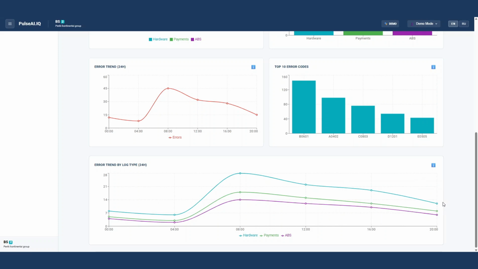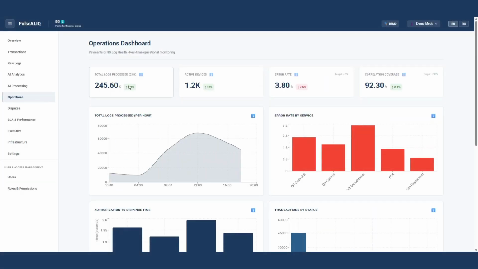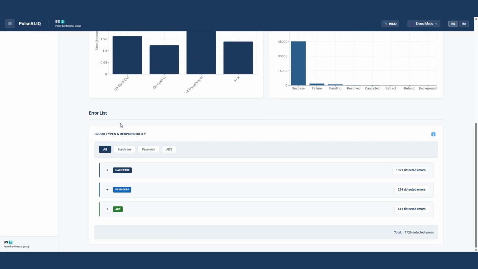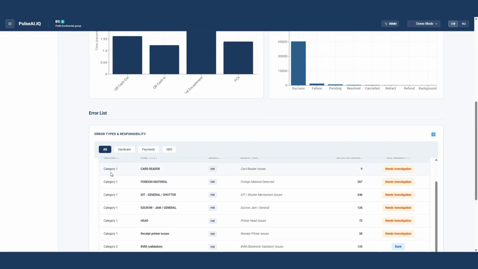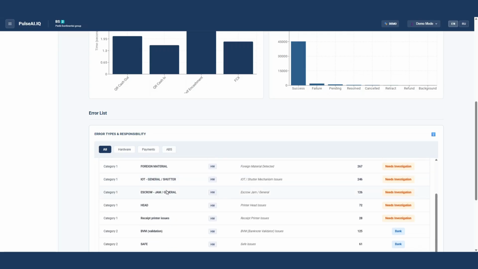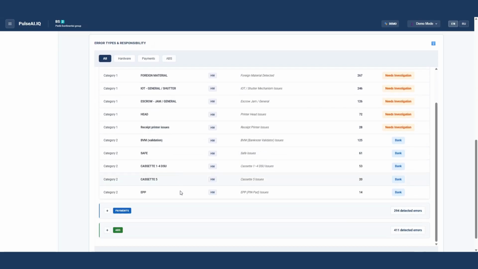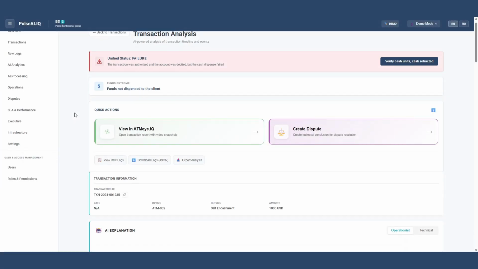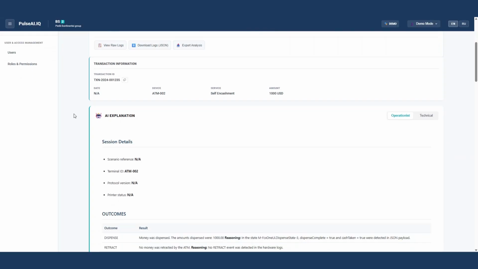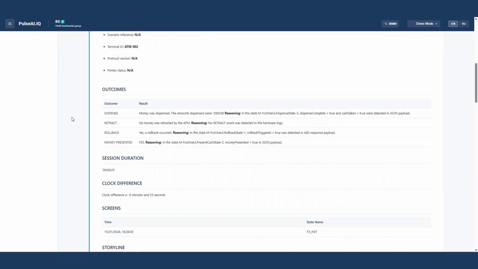The PulseAI.iQ collects data from all sources: ATM, Payments.iQ server, and ABS. It takes all of this data, brings it together, and then interprets it, making sense of everything. And in doing so, it constructs a comprehensive transactional timeline.